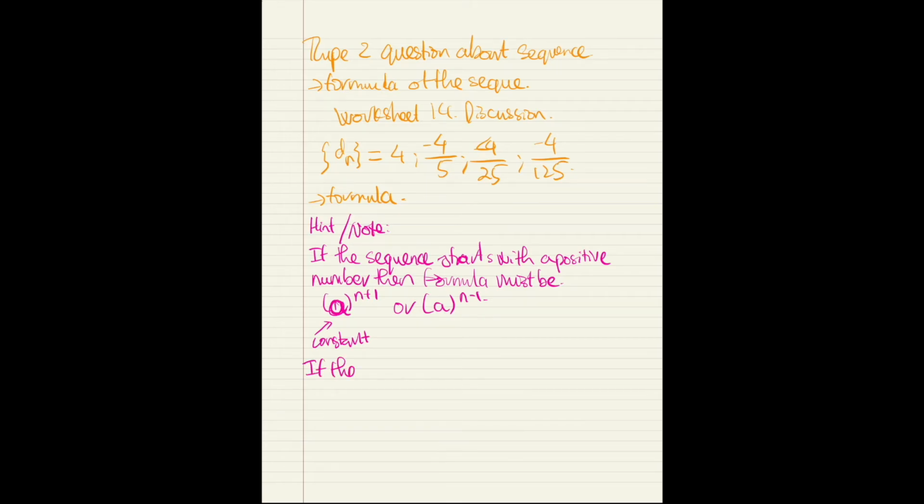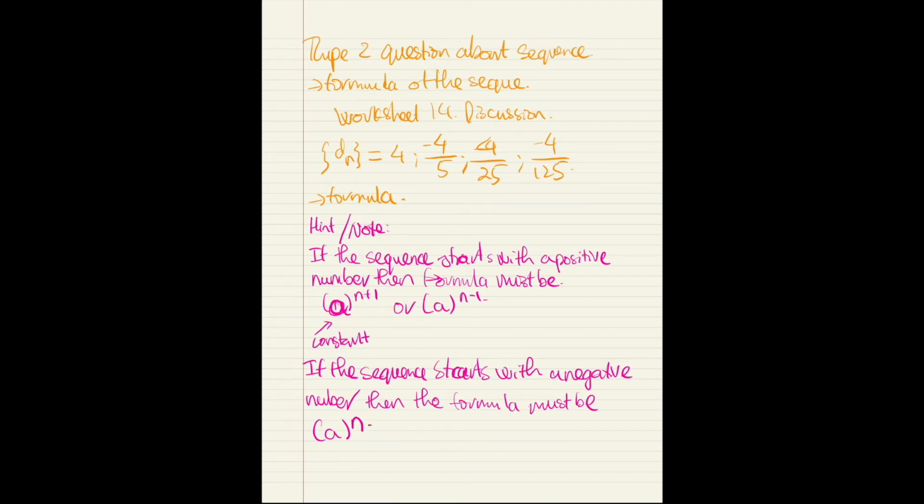If the sequence starts with a negative number, then the formula must be a to the n.